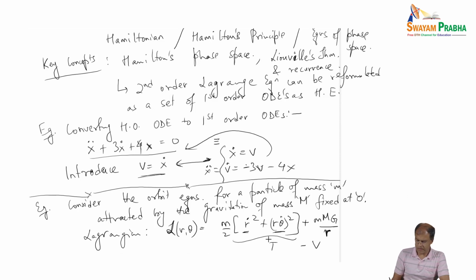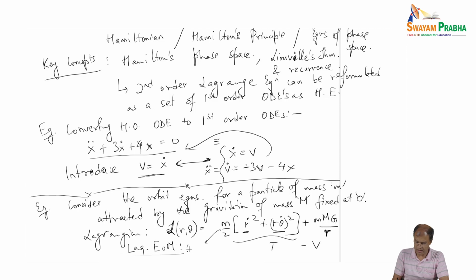In this case, this is a conservative system, so we can directly use the conservative form of the Lagrange equation of motion. This is for two generalized coordinates r and theta, so we can write the two Lagrange equations of motion.